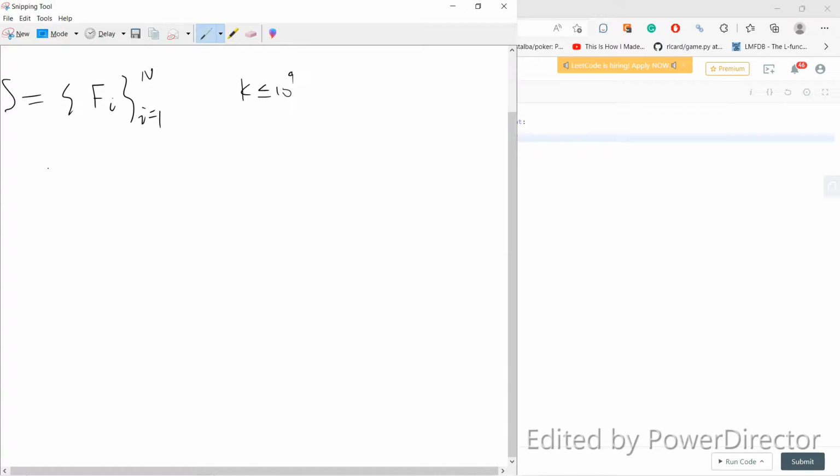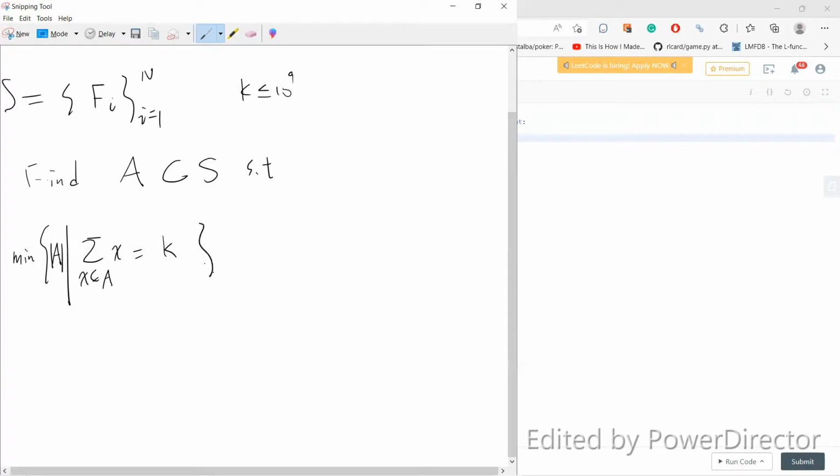Your goal is to find a set A, which is a subset of S, such that if you sum over all the elements x in A, it equals k, and you need to minimize A, right? So simply speaking, you need to find the minimum magnitude of A such that the sum over x belonging to A is k. Okay, so this is your goal.